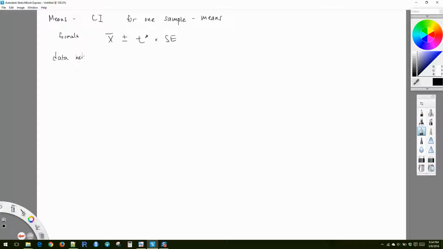The data we need will be the sample mean x bar, S, which is our sample standard deviation, and N, which is our sample size. Okay? And from that, we can do our calculations.